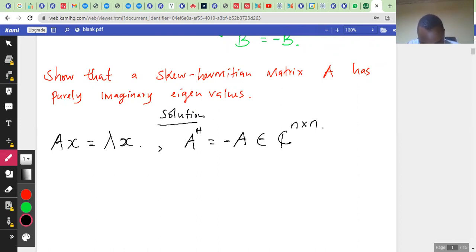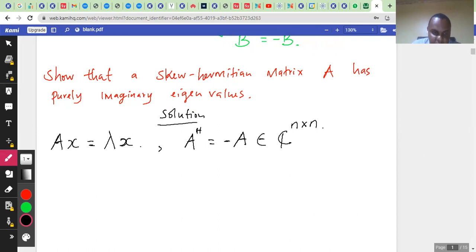Yes. So the first step, he's just multiplying by x^H. So he's taking a vector. X^H means he's taking a random vector, its conjugate, and then its transpose. That's what he's doing.